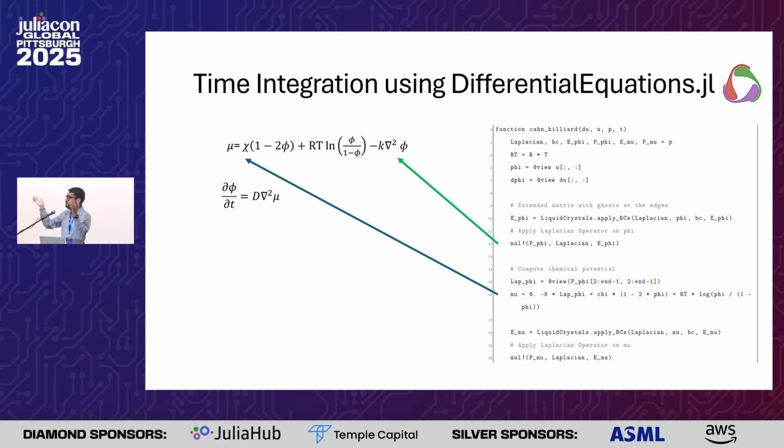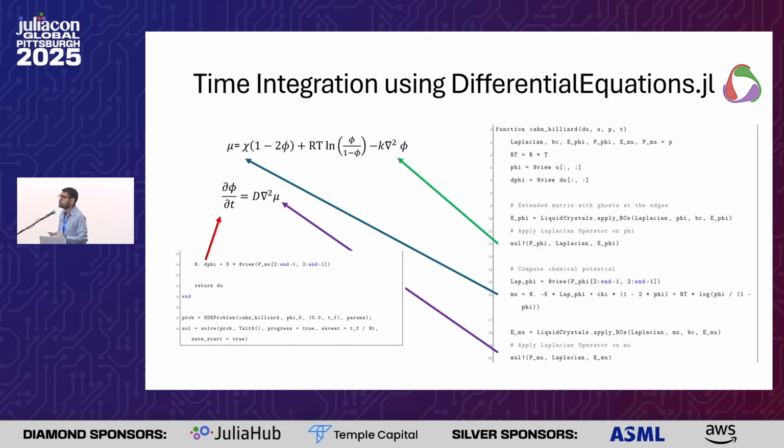Similarly, if you add all these different energies, we have a mu, the chemical potential, and again another Laplacian operator of the chemical potential. With that, we simply use the same technology as DifferentialEquations.jl, and we are able to evolve in time this particular setup that you have probably seen everywhere.